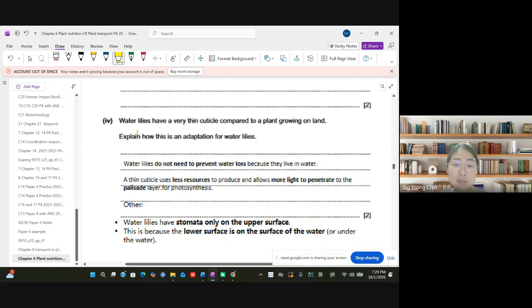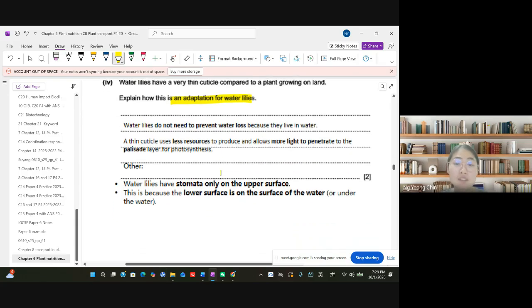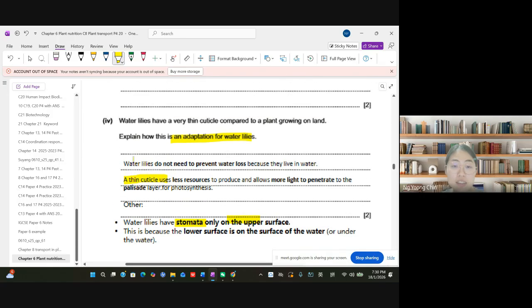Here is the adaptation. Just copy the point just now. I should write thin cuticle, and then stomata on the upper surface. Because you want to explain, usually you just write about one adaptation, meaning one feature, and then describe why.